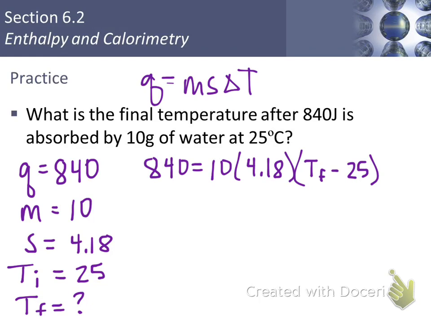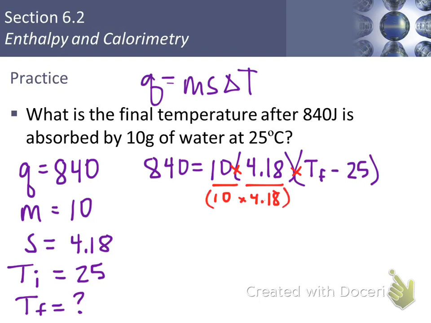Okay. Algebraically, do you know how we can solve for TF? Any ideas? Remember, these are all multiplication terms through here. Okay, so I can distribute all of these through, or I could just divide over 10, divide over 4.18.